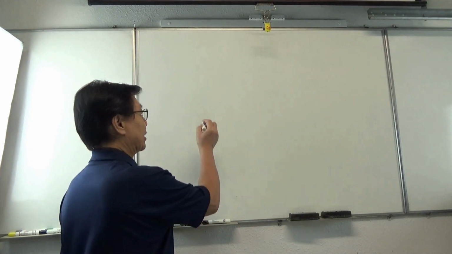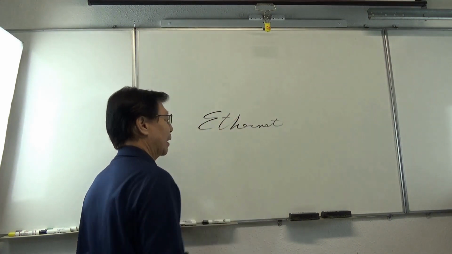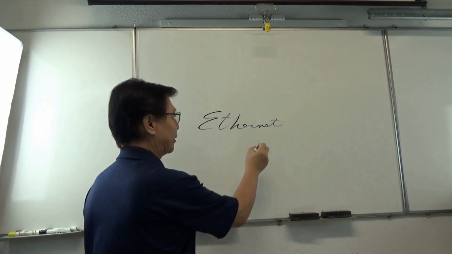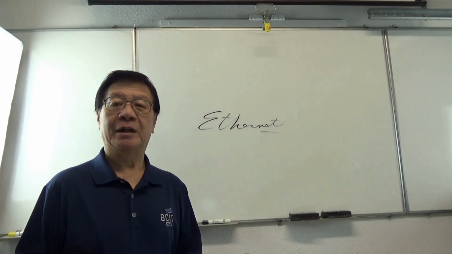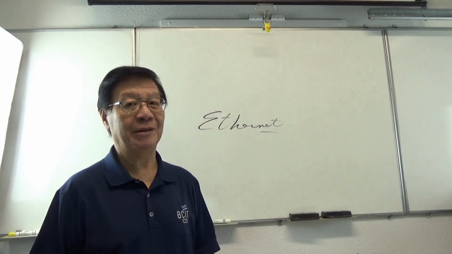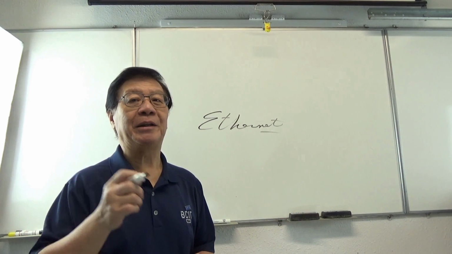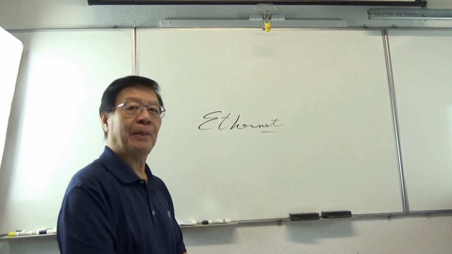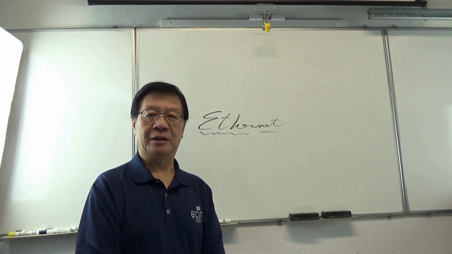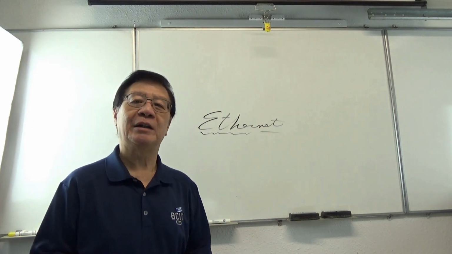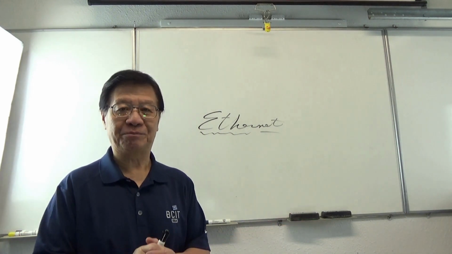The beginning is Ethernet. Ethernet, net, just like even the human social network, the human network, same idea. So that's the net. Ether is one of the many different kinds of net in the computer area.